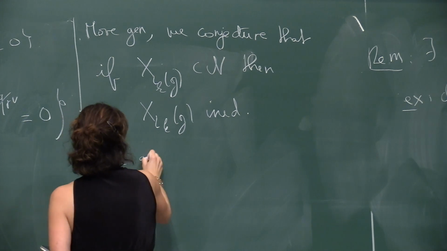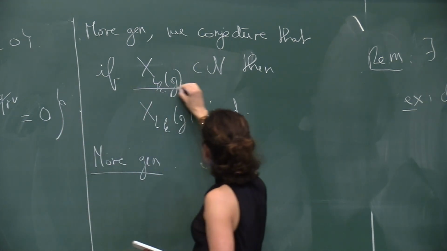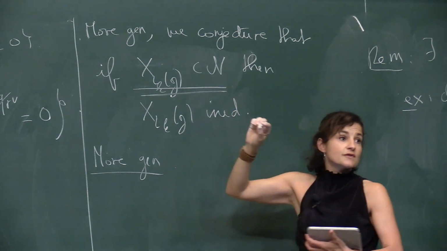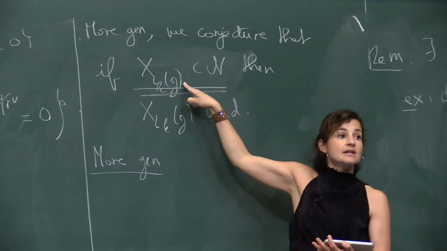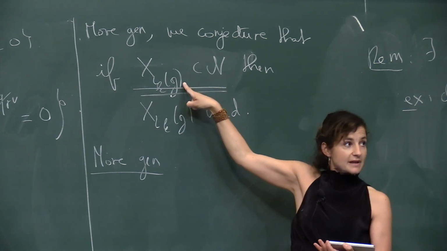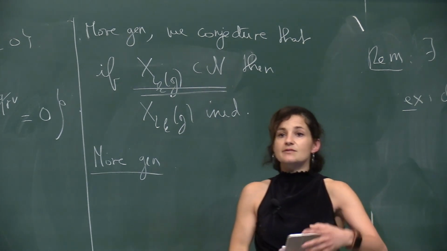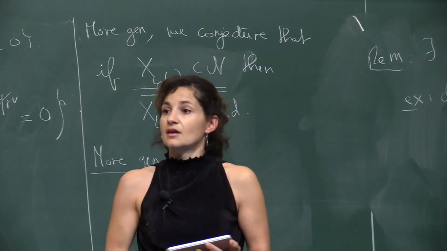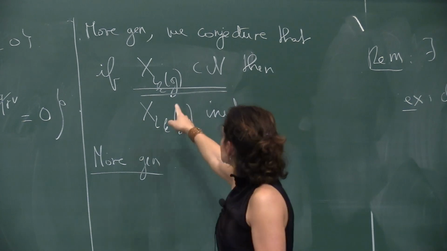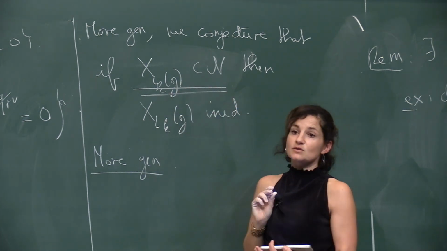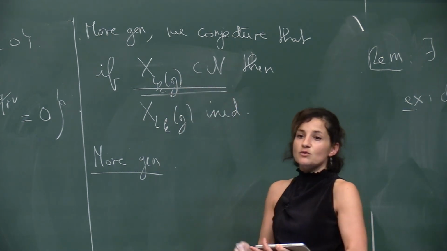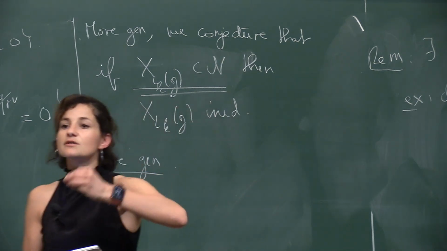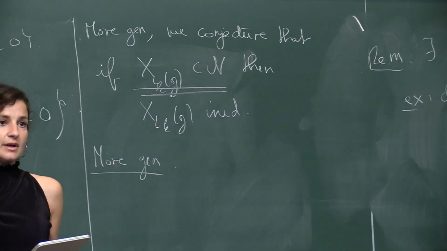In fact, this condition is equivalent to saying that this variety has only finitely many symplectic leaves, because symplectic leaves are adjoint orbits, and this is an easy fact to check. This condition is equivalent, because as soon as you have a non-nilpotent element, you have infinitely many adjoint orbits in the variety.